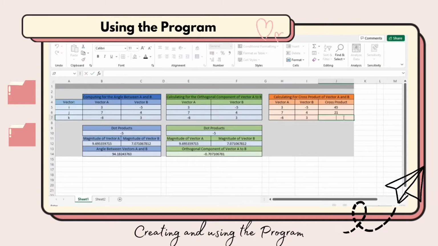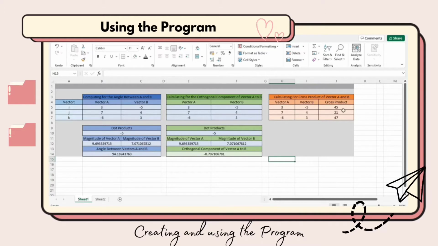And for K, multiply the AXI to BYJ, then minus the product of AYJ and BXI. So in Excel, you can just press enter. And we're done creating a program for calculating the cross product of two vectors.